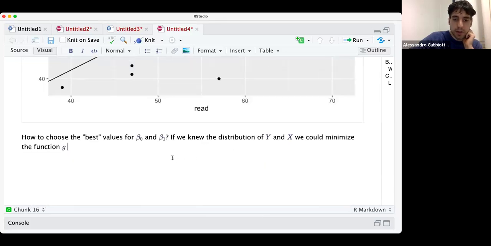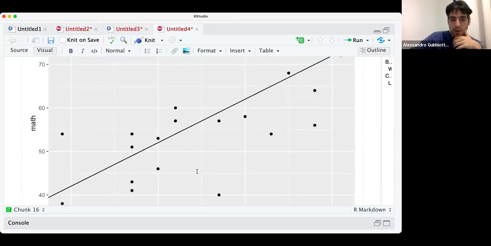Since I don't know the distribution, but I know the sample, I approximate g using the sample, which was underline X and underline Y. So the sample is the one that I plotted here.